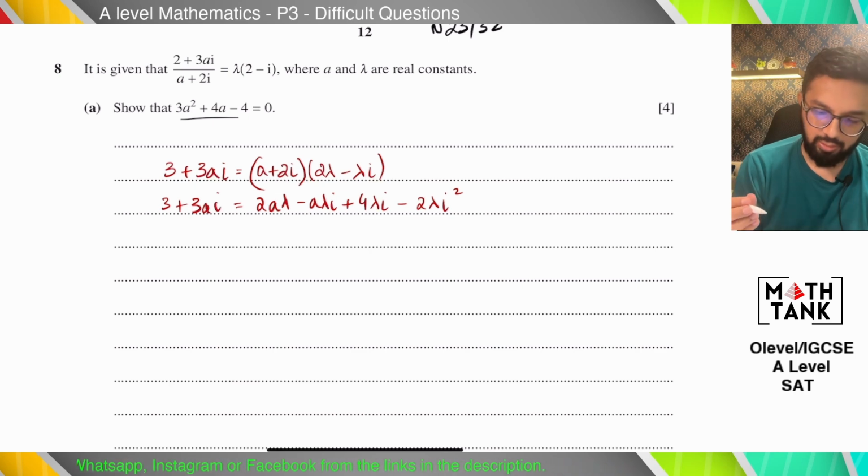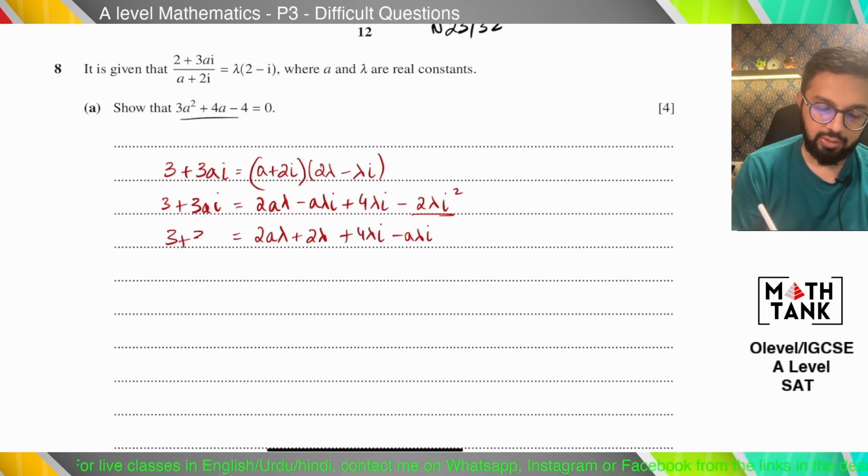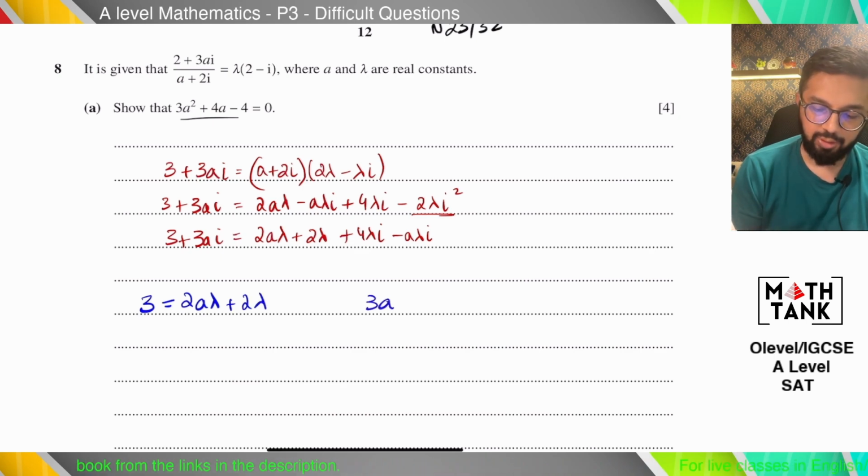So 2a lambda, and that last term will give me plus 2 lambda, plus 4 lambda i minus a lambda i, just arranging them so that the comparison is easier. So what's the real part on the left hand side? It's 3. What's the real part on the right hand side? It's 2a lambda plus 2 lambda. And the imaginary part is 3a again, 4 lambda minus a lambda.